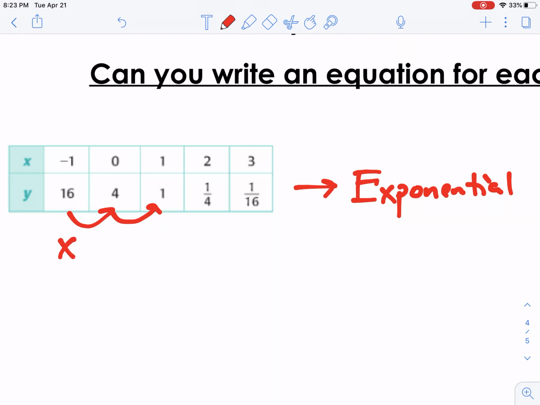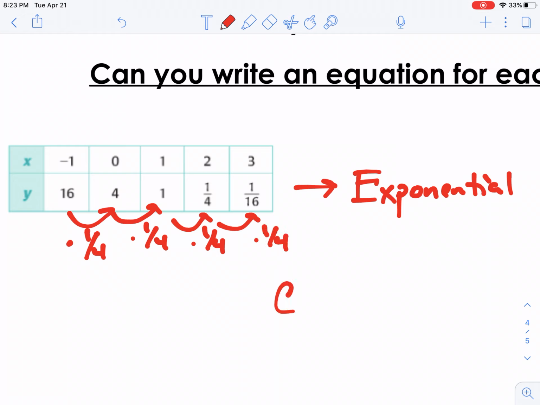You're always supposed to express it in terms of multiplication. So you're actually multiplying by 1/4, again and again.